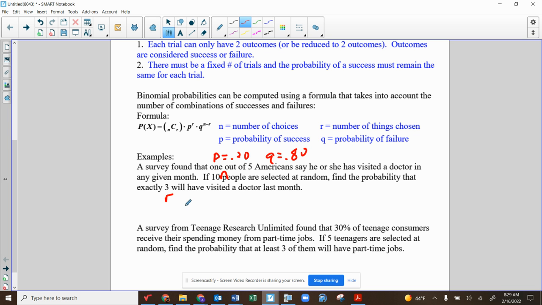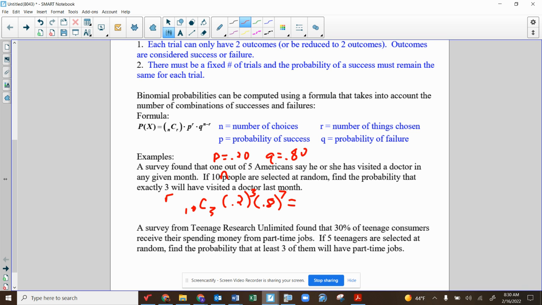So by the formula, you would do 10C3 times 0.2 to the third, because that's r, and that's a 3, times 0.8, then because there are 10 total, 10 minus 3, that would be to the 7th. And you put that in your calculator.